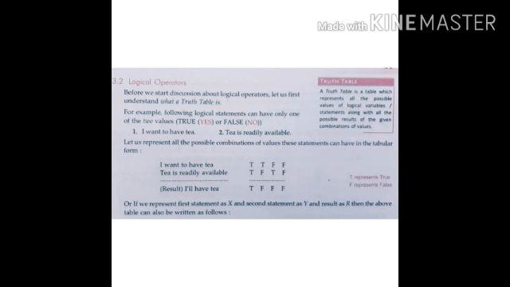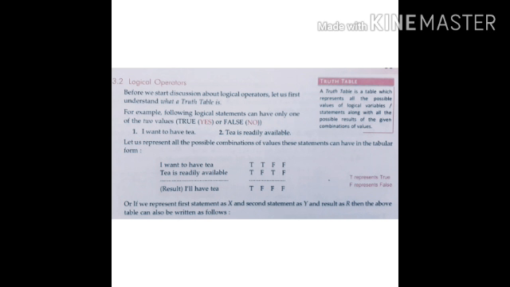Either of these two statements could be false or true. So we look into the table given below. For I want to have tea, where this condition is true, the second statement, tea is readily available, could have two possible outcomes, true or false.